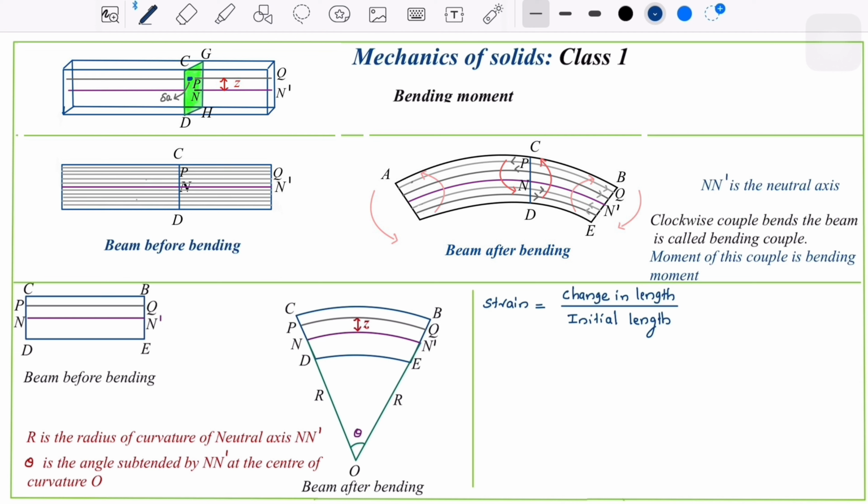Change in length of the filament PQ is Z theta. The initial length is R theta because before bending the length of N dash and PQ are similar. Therefore N dash is equal to PQ is equal to R theta. Therefore strain is the change in length by initial length, that is equal to Z theta by R theta, that is equal to Z by R.